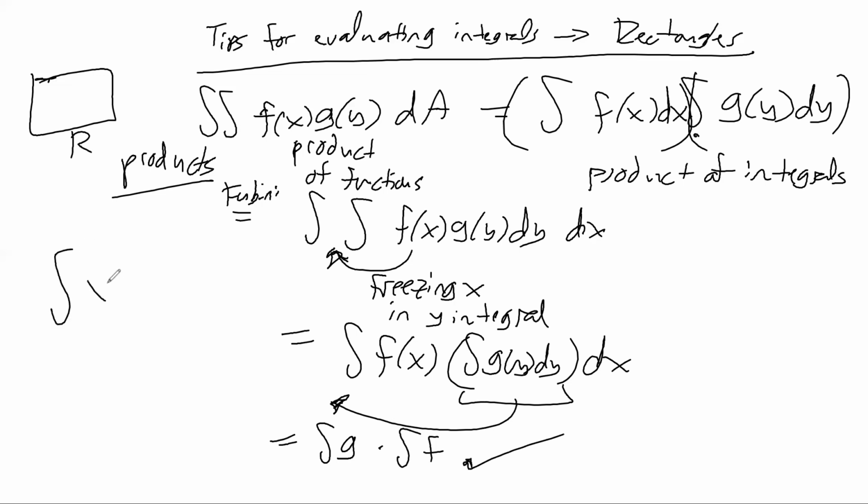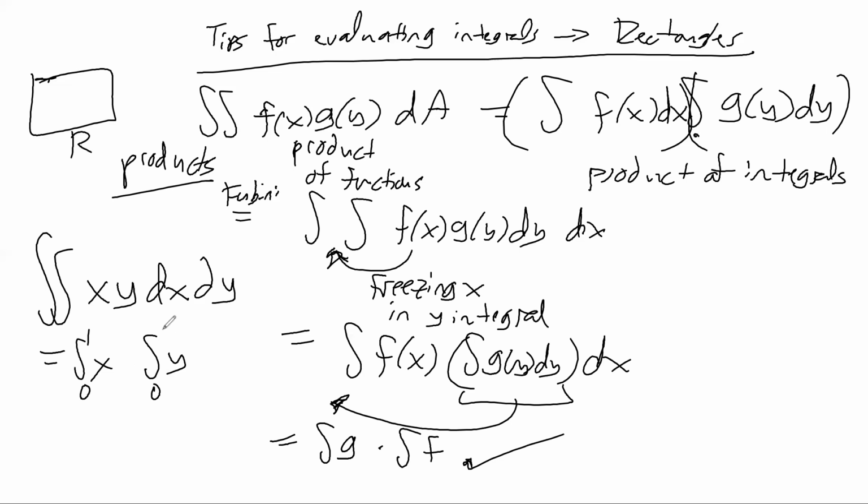Right, so for example, if you do xy, like we did it last time, we just iterated, but you can actually just split it up like this. And so you get 1/4, and that's how we got it before, but it's a lot quicker this time.